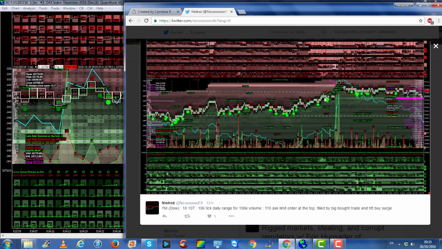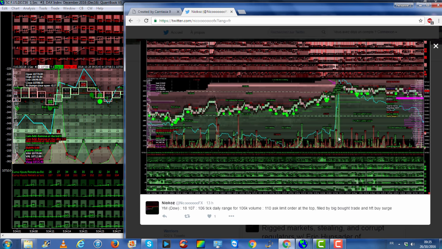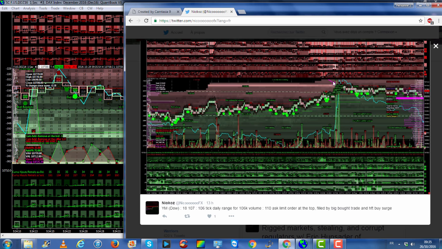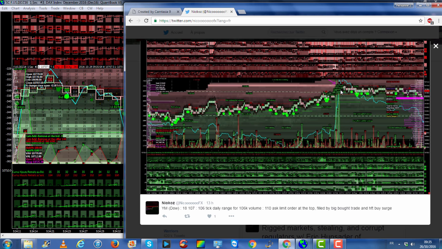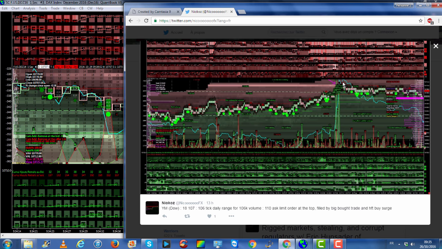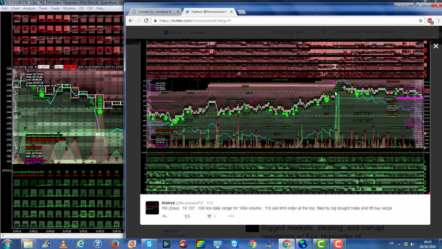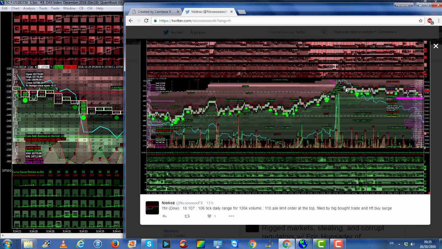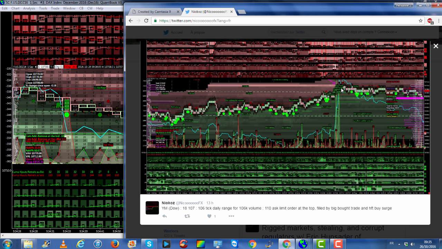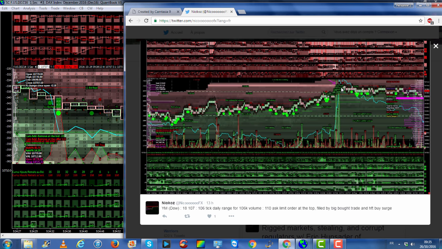Maybe it's better when you have price extension, and when you see the price run into this big limit with big trade and HFT surge, you will know that usually it's trapped volume. It's a trap.